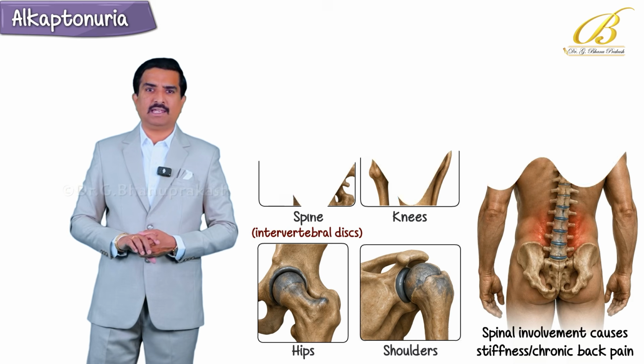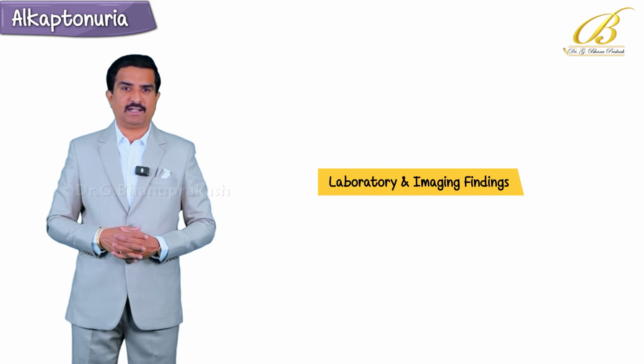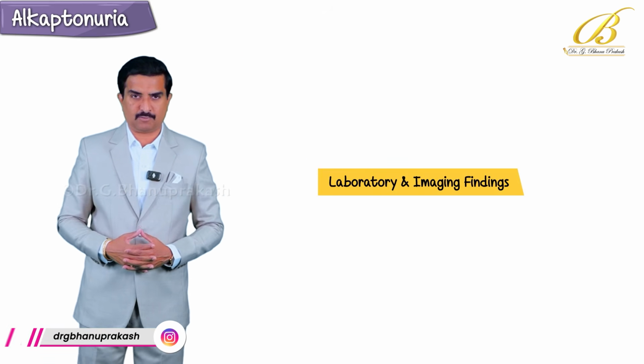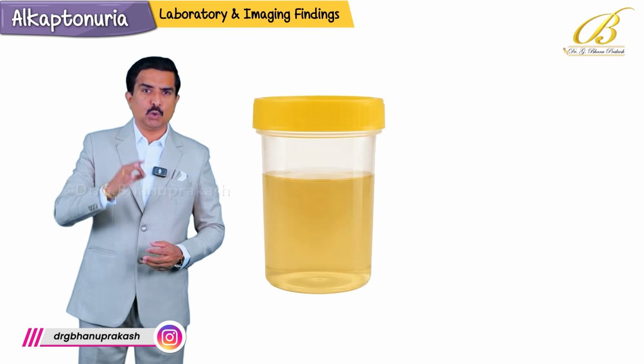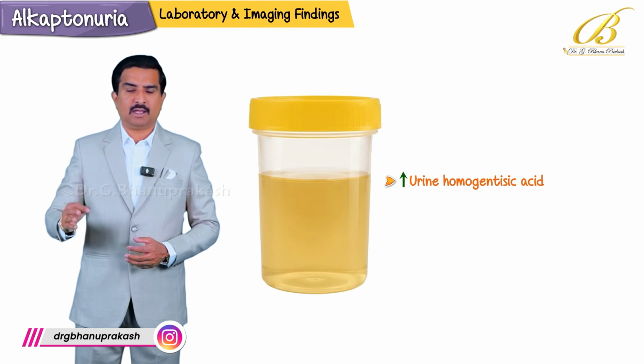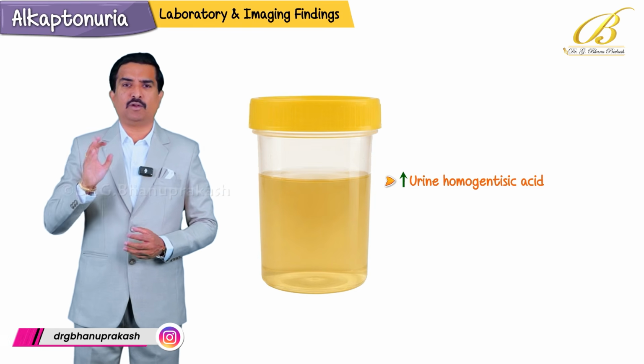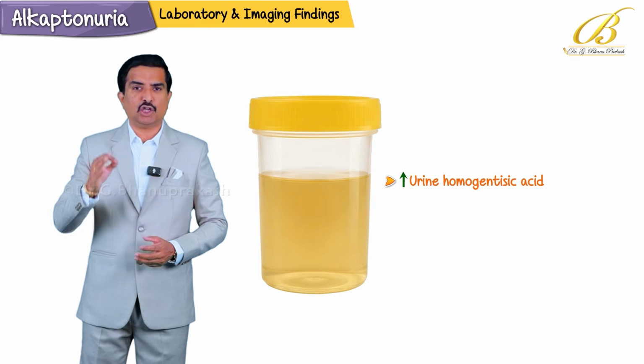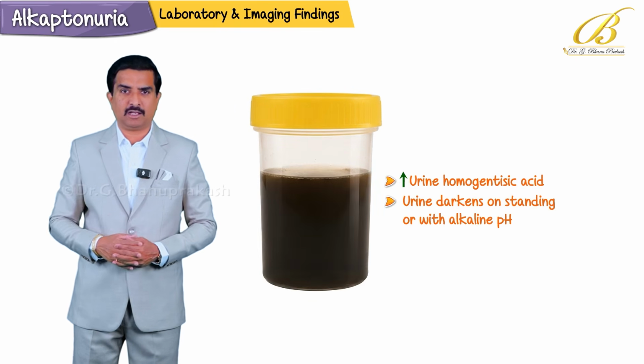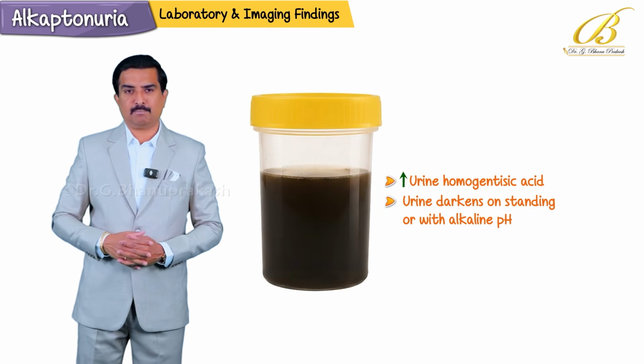Now coming to the laboratory and imaging findings, first let me talk about the lab tests, which are very important. Urine homogentisic acid is markedly elevated. A simple bedside clue is that the urine darkens on standing or with alkaline pH.